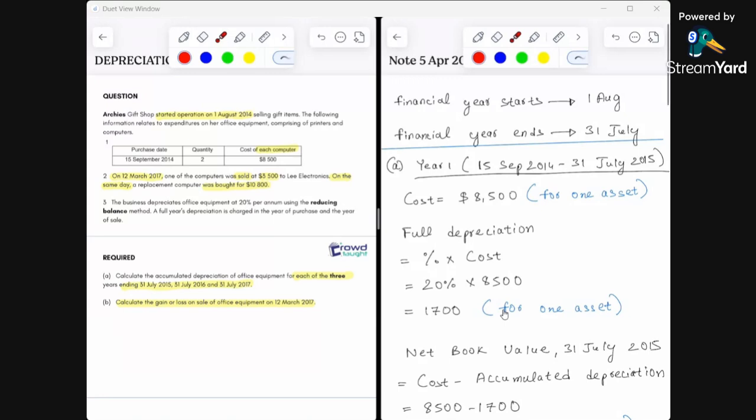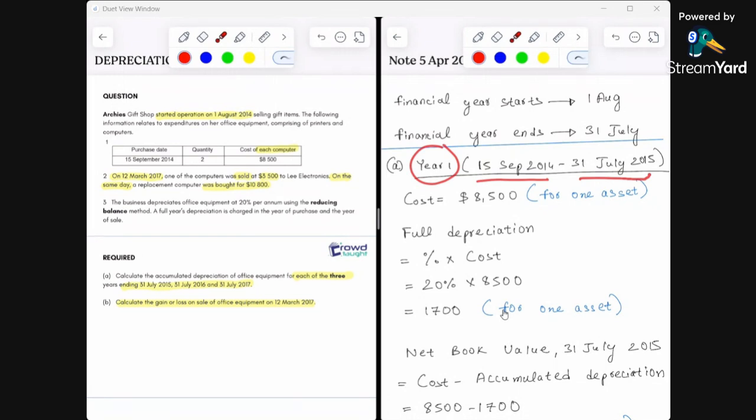So, the first year of usage for these computers would start on 15th of September 2014, which is the day of purchase, and end on 31 July 2015, which is the end of the financial year of the business.